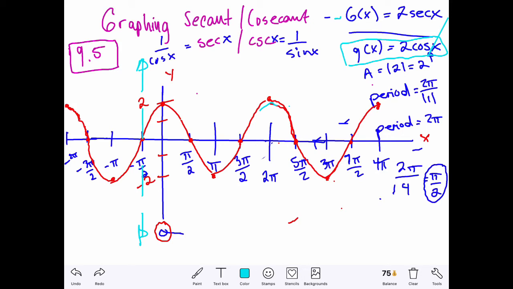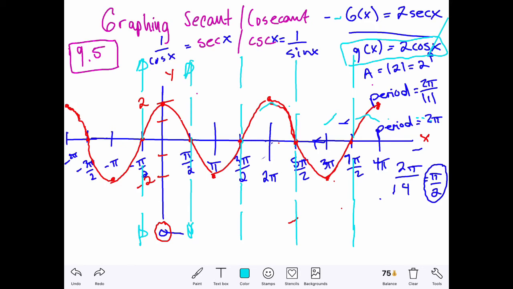So they're at pi halves and negative pi halves, 3 pi halves, 5 pi halves, 7 pi halves, and so on, and negative 3 pi halves over here.